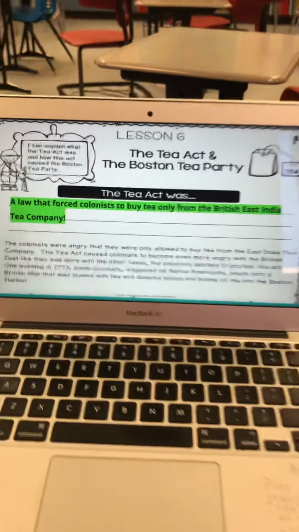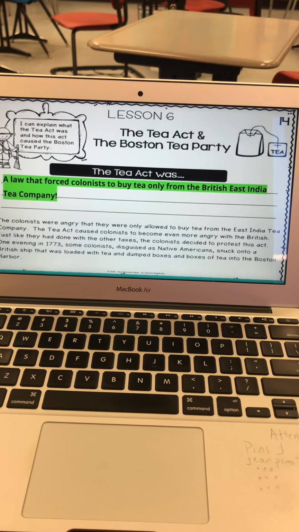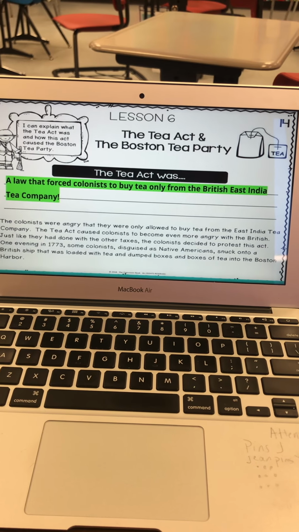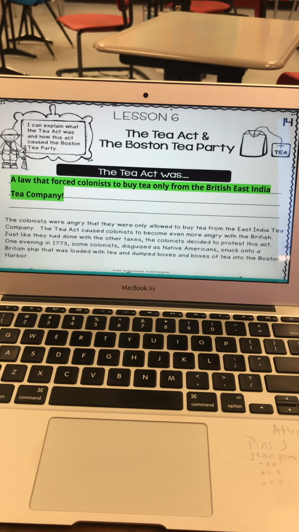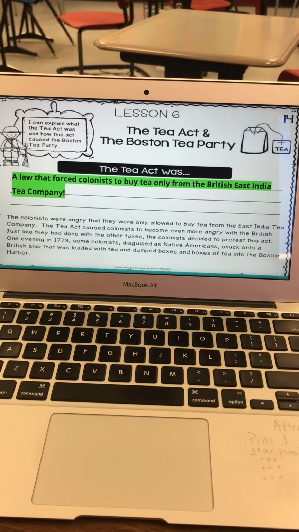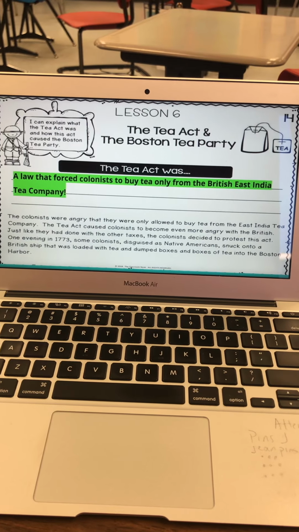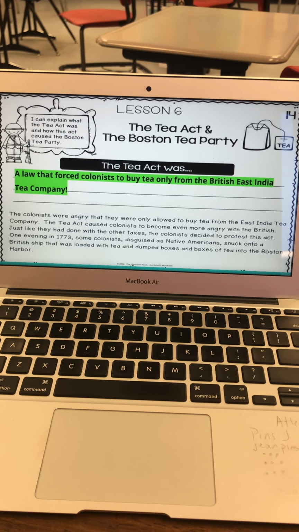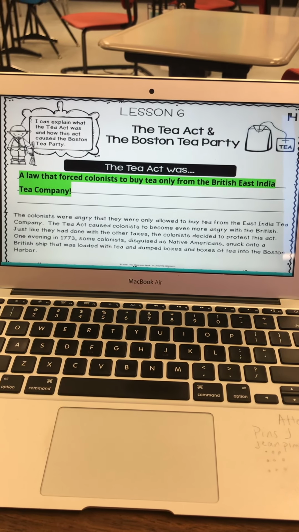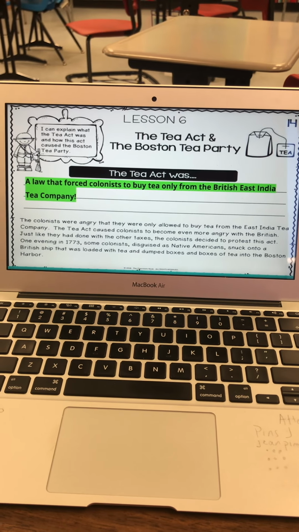The colonists were angry that they were only allowed to buy tea from them. The Tea Act caused colonists to become even more angry about the British. Just like they had done with the other taxes, the colonists decided to protest this act. So they were boycotting. Protest is boycotting.